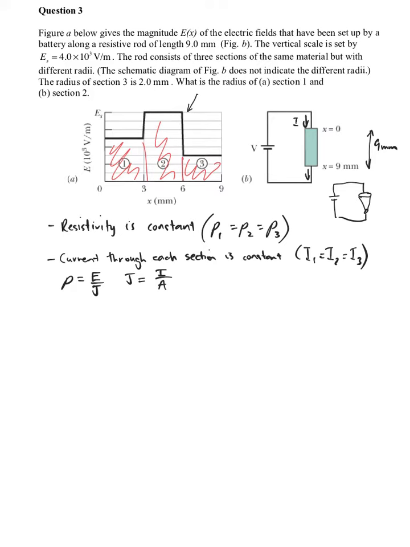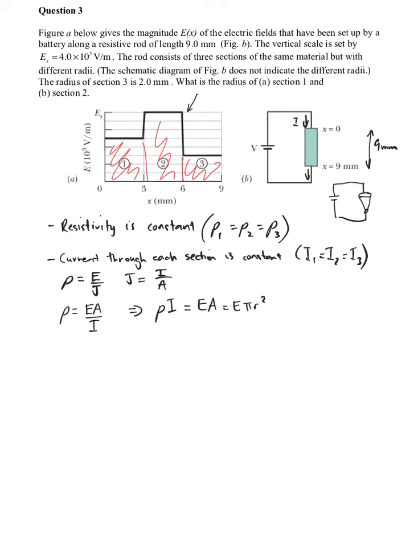If we combine these two equations, we get that the resistivity is equal to EA on I. So resistivity times I equals E times A, and that equals E pi R squared.